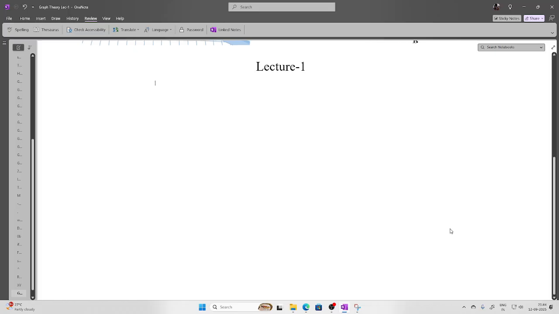So, first, what is a graph basically? A graph is basically a diagram which consists of a collection of vertices and edges.